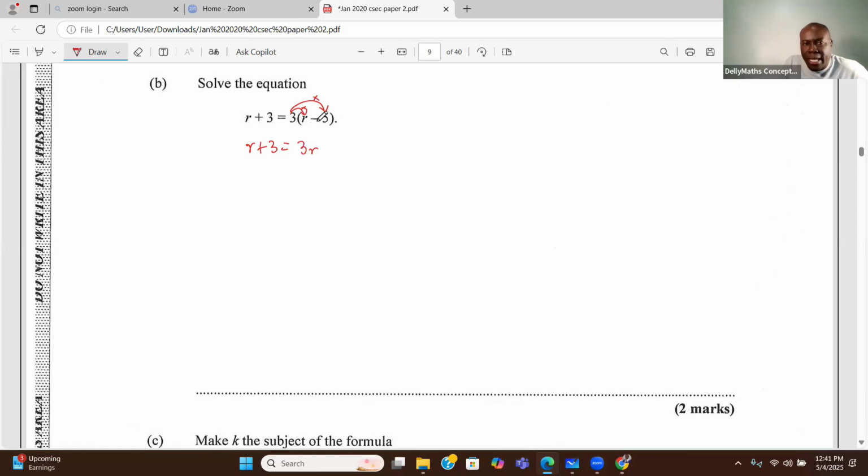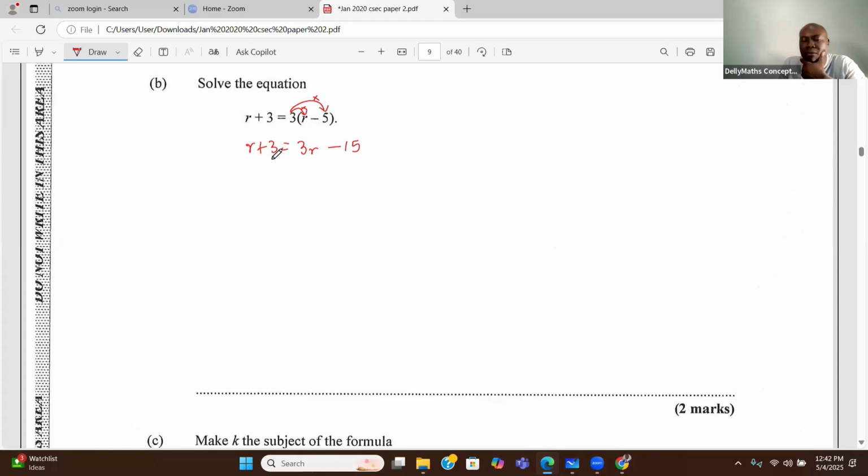It's going to be 3 times negative 5, you'll get negative 15 here. And then remember now that when you solve, it's your duty to collect the variable on one side. So you're trying to isolate the variable, and that's what you're about. So you just do it.